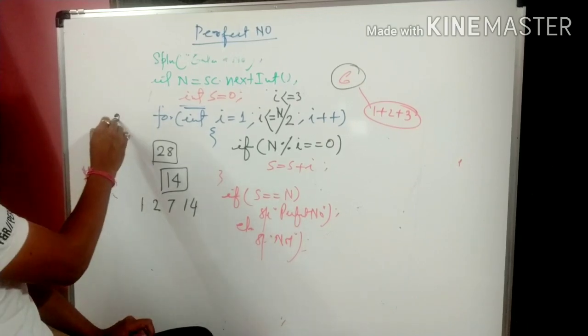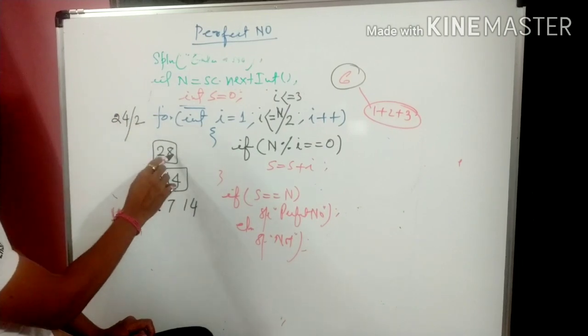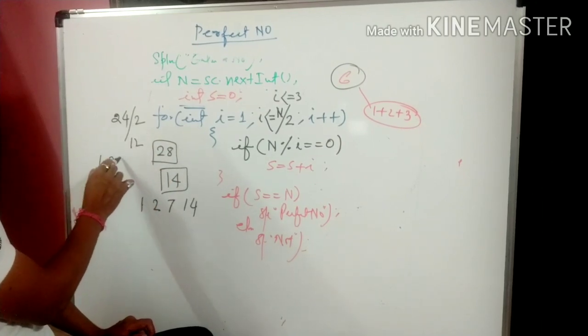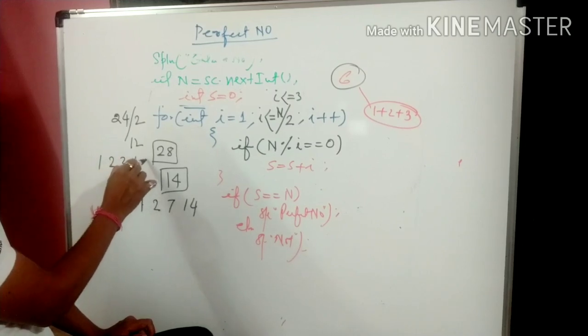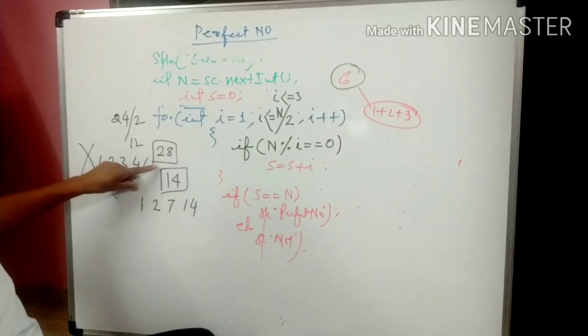Let's check. This is divided by 2. This is 12. That will be 1, 2, 3, 4, 6. 6 and 4 is 10. This is not 28. Something is missing, children. You just calculate that one.